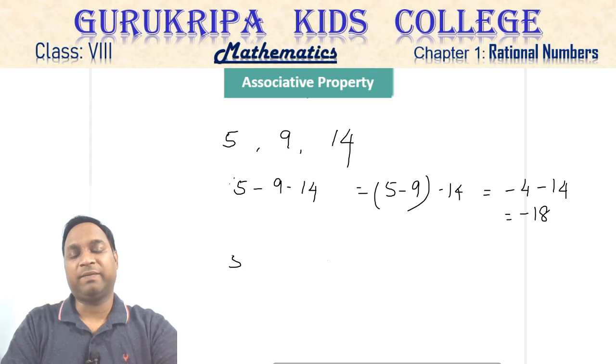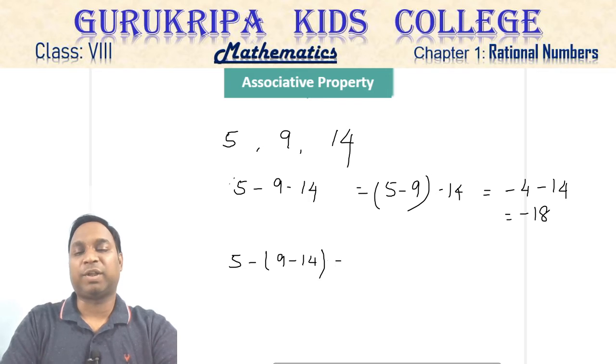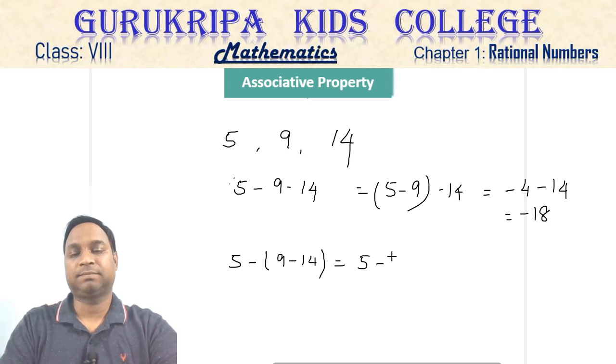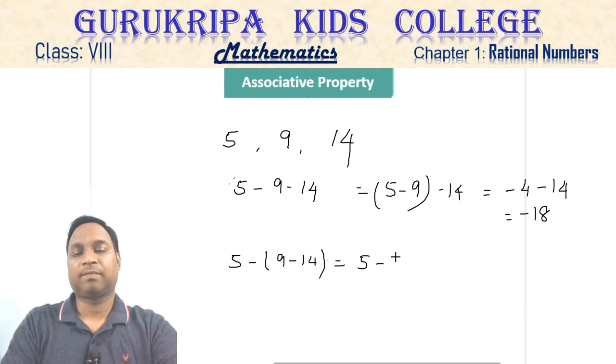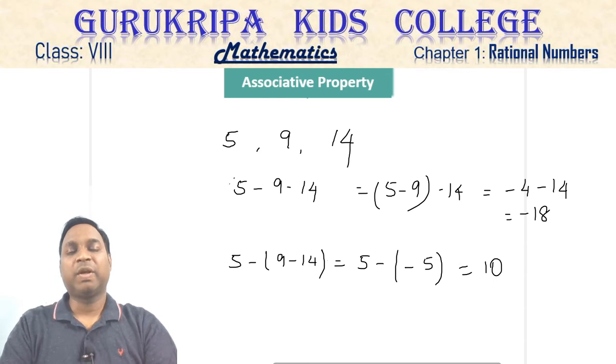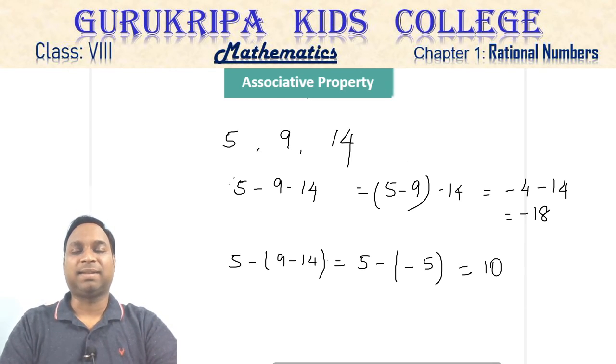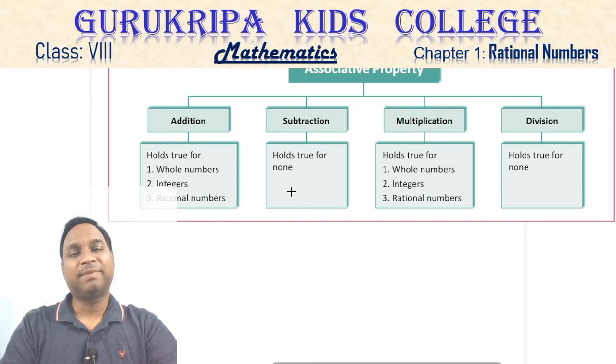However, if you do 5 minus 9 minus 14, what will you get? 5 minus minus 5, है ना? You will get a 10 over here. So the order does matter over here. ठीक है?